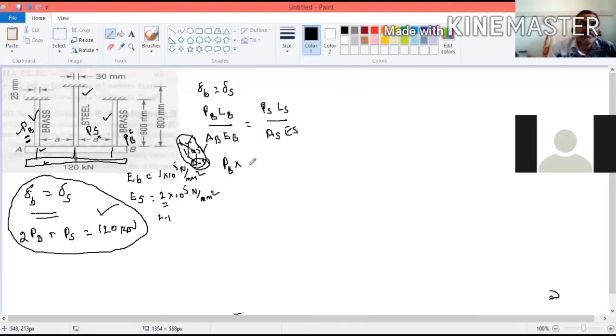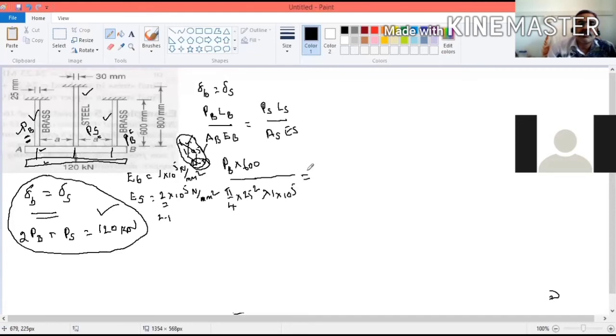PB into LB. LB is equal to how much? Length of the brass rod, it is 600 millimeter, divided by AB. Area, it is a circular rod, pi by 4 into D square, 25 square, multiplied by Young's modulus. Young's modulus of the brass is 1 into 10 power 5.